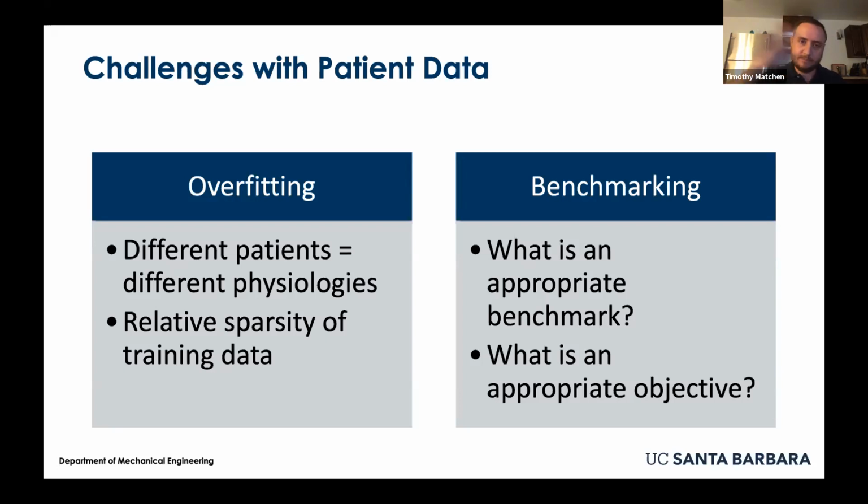Because again, just to bring it back to what we're actually trying to do here, we're trying to see if we can create an adaptive strategy for deep brain stimulation. So what we really want to see is whether we can make decisions about whether to turn stimulation on or off based on what's going to happen in the next time window.